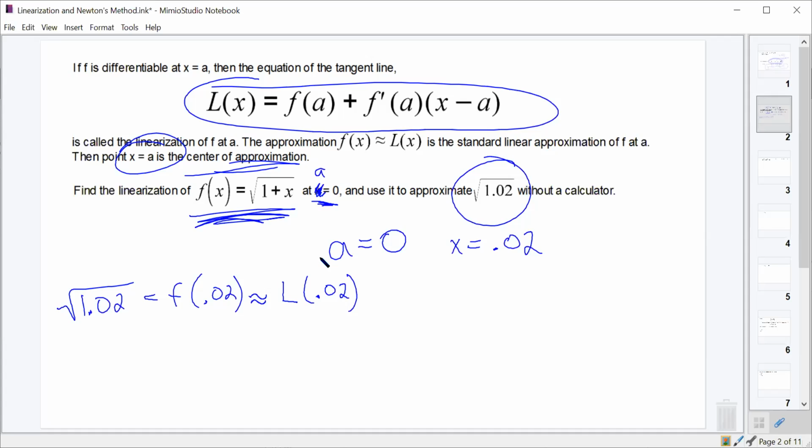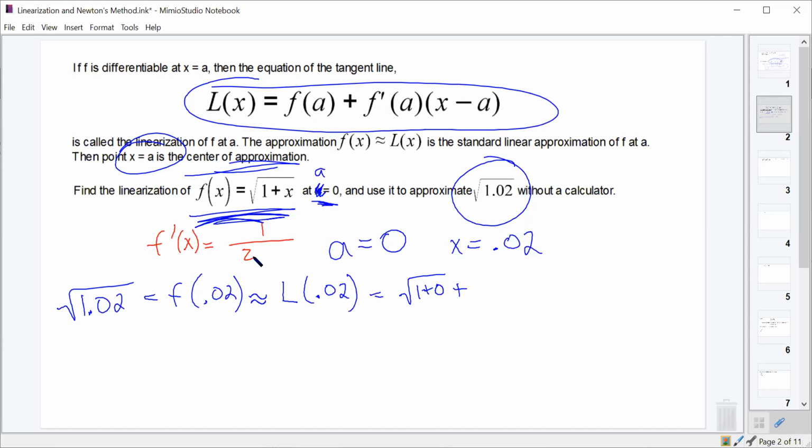The linearization function is f of a, which is the square root of 1 plus 0, plus f prime of a. Well, if f of x is root 1 plus x, what's f prime of x?